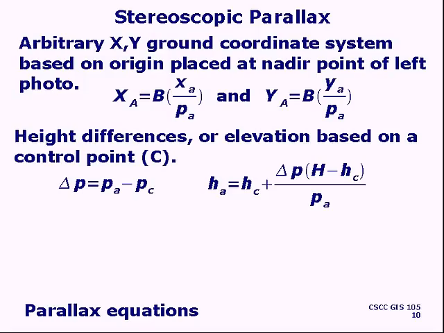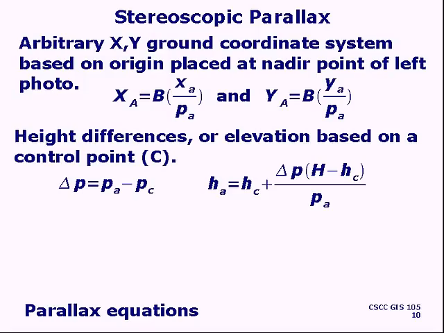So if we plug in elevation of C, delta parallax, height above datum, height above datum for the control point, and that is what its height is. H for point C is its height above the datum.